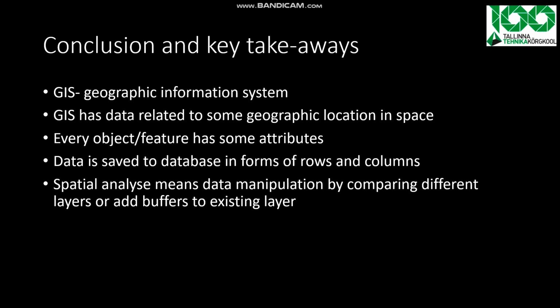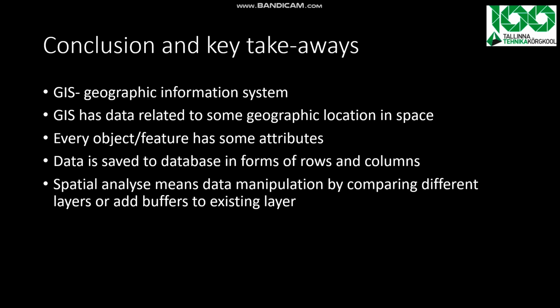Conclusion and the key takeaways: GIS is a geographic information system. GIS has data related to some geographic location in space, so that means we have coordinates, and every object or feature has some attributes, and attributes give us extra information about the point. It doesn't have to be a point, it could also be a line. We will see them in the next lectures.